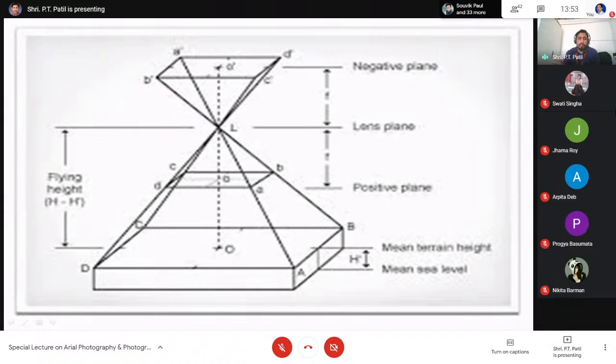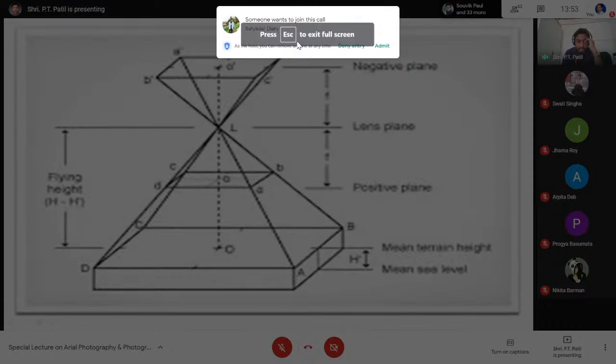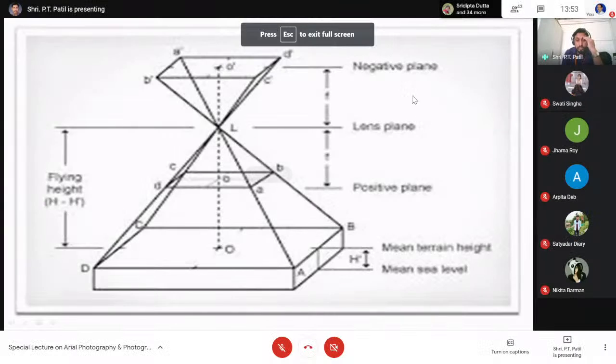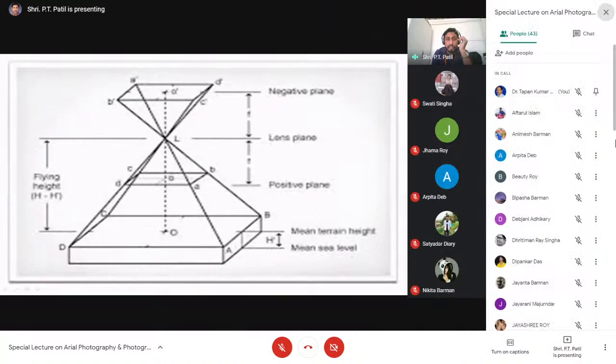Suppose we look at a particular object with a single eye, then it is impossible to perform stereoscopic operations because the depth is not that visible with a single eye. If we look at a particular object with both eyes, then automatically stereoscopic vision is created, and we are able to see the depth. The same principle is followed in order to perform stereoscopic operations with satellite images. For that purpose, we require at least 60% overlap area for stereoscopic imagination. Okay, so I think it is clear to all of you.